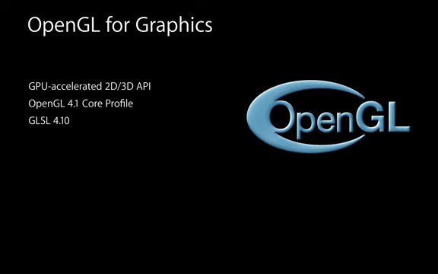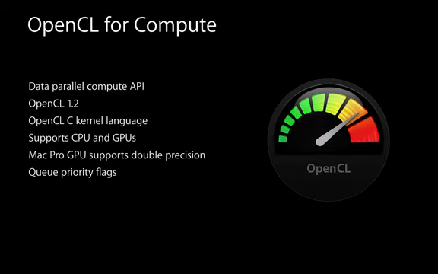And the shaders that you write that are executed on the GPU are written in a language called GLSL, and we support version 4.10. And OpenCL is the data parallel programming API that the Mac Pro supports, and the version that is supported is OpenCL 1.2 with a number of extensions.